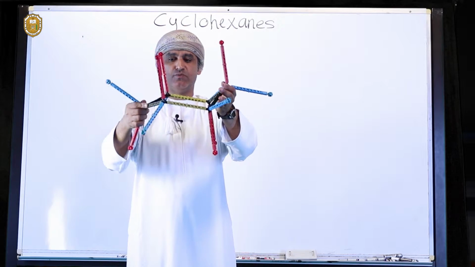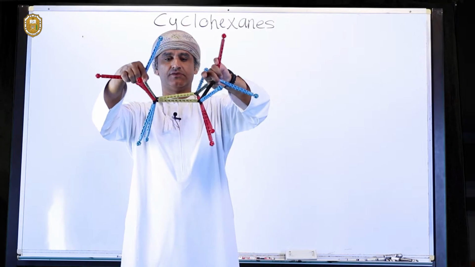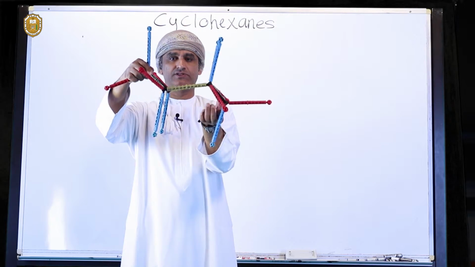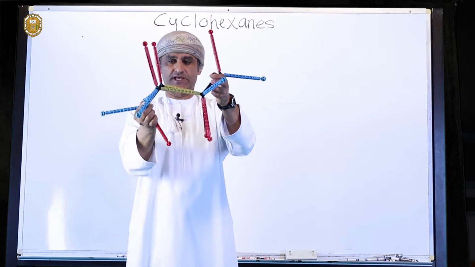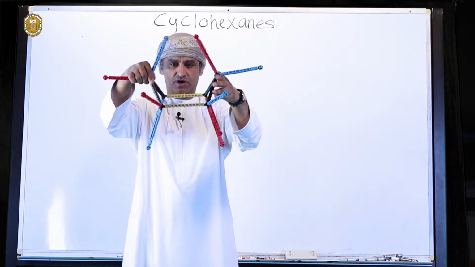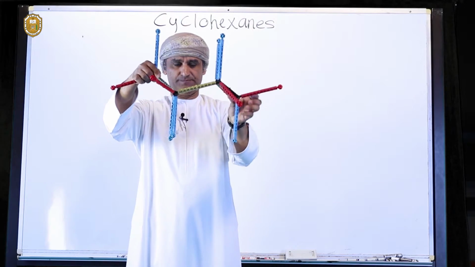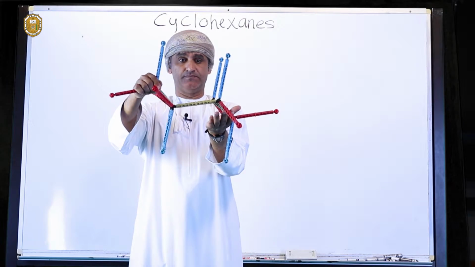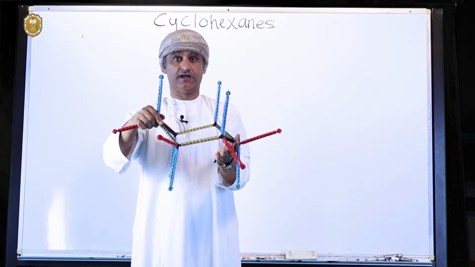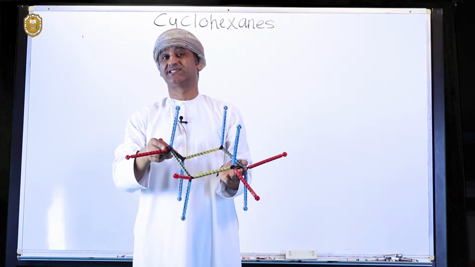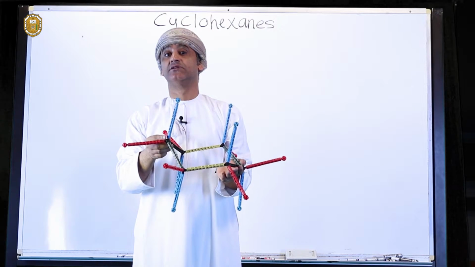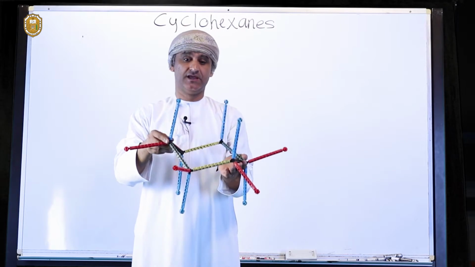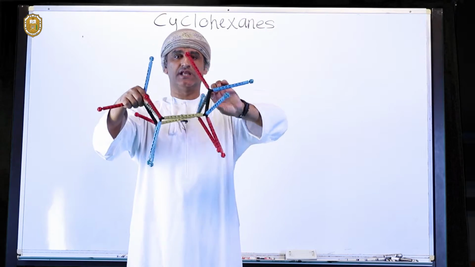So we can go from one chair to another through a boat. This is called ring flip. These are flippable conformations of cyclohexane. You can interconvert one of them into the other by simply rotating bonds like that.